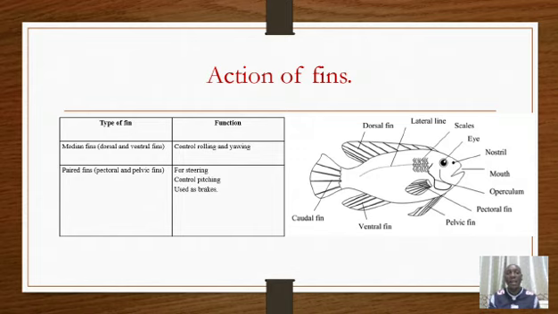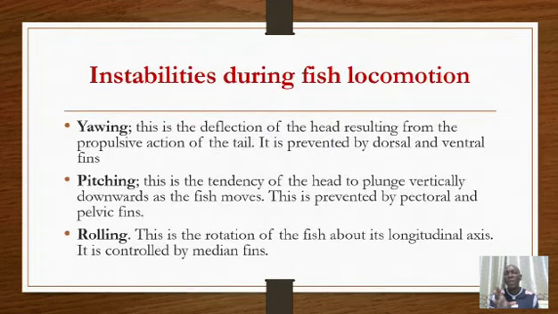But we said that rolling and yawing are controlled by the median fins, that is the dorsal and the ventral fins, while pitching is controlled by the pectoral and the pelvic fins. Now, what do we mean when we talk of rolling, yawing, pitching? What do we mean by those?